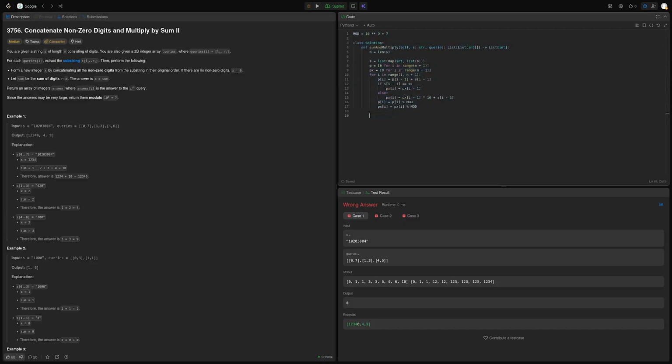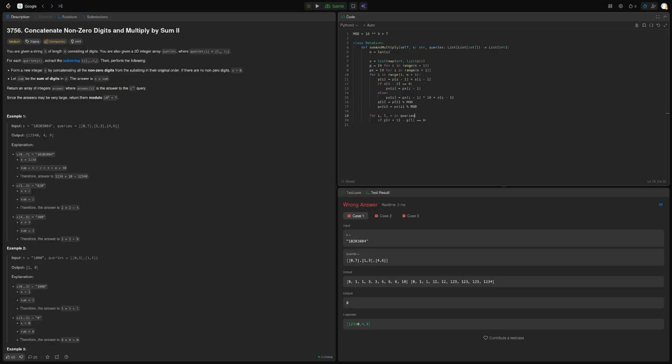And now I guess we answer the queries. So l, r in queries. Now if the sum, pref[r+1] minus pref[l], is 0, the answer is 0. I don't know why I used p when I'm used to pref, but whatever.